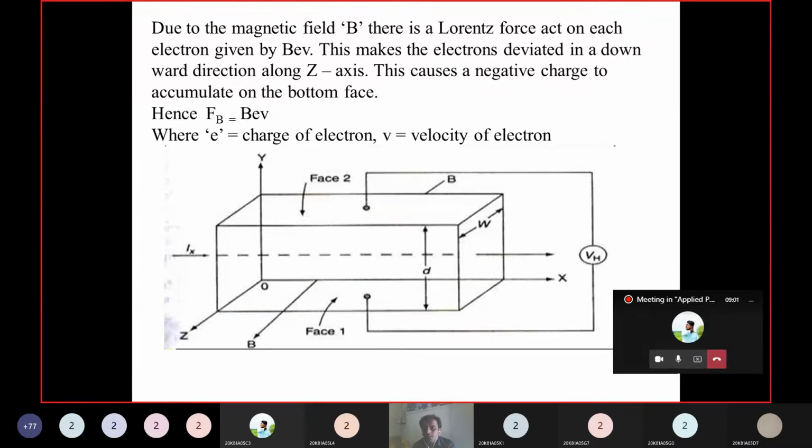How can we say that it is the downward direction? Based on the left hand rule. Keep your three fingers perpendicular to each other: the thumb, index finger and middle finger. The thumb shows the force direction, the index finger shows the magnetic field direction, and the middle finger shows the current direction.